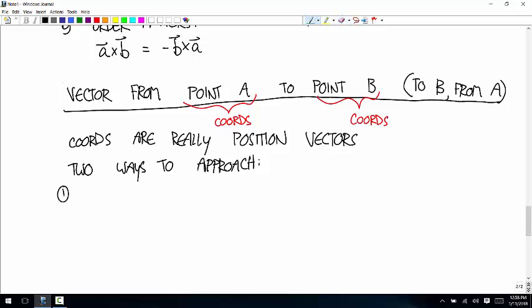The first one is, if you know the coordinates of A and B, then you just take the destination point, treat it as a vector, its coordinates, minus the starting point, treat it as a vector.